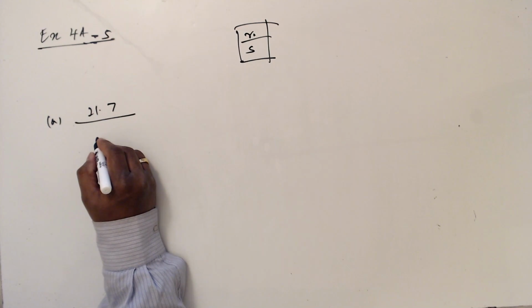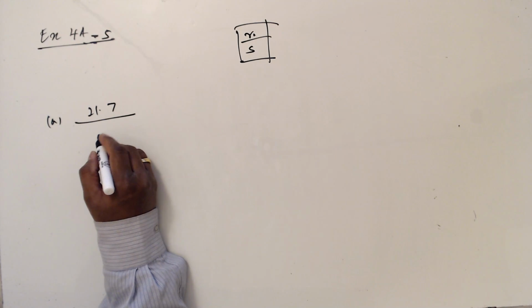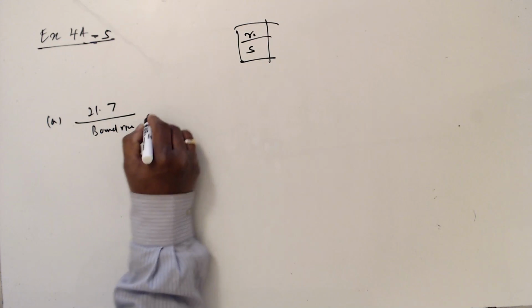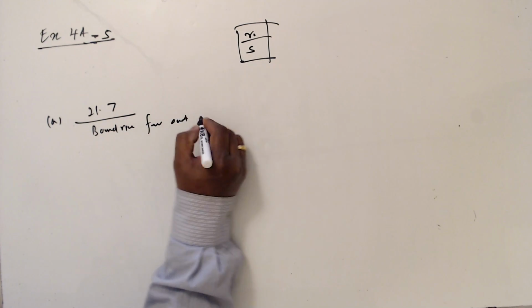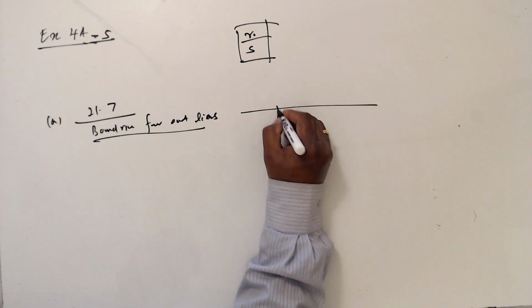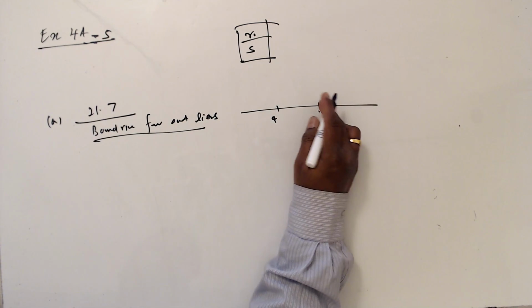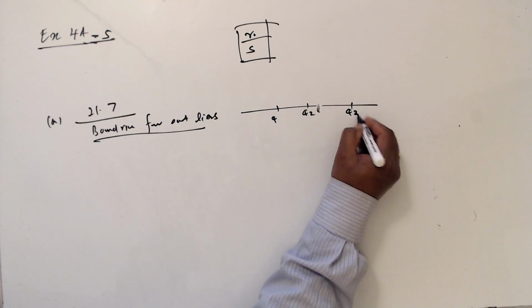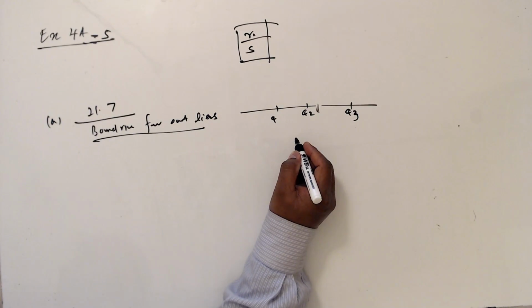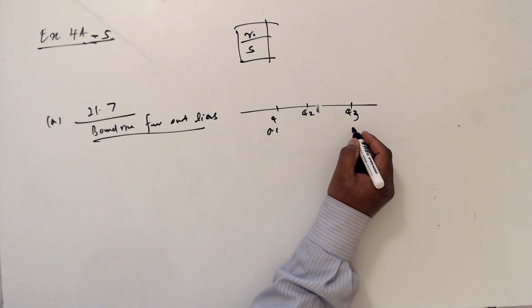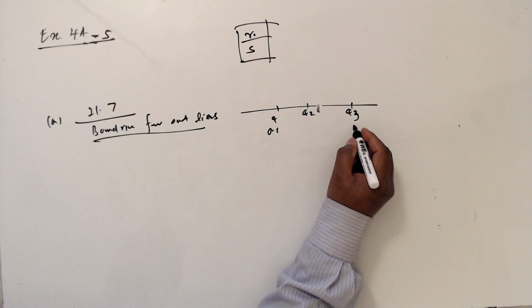So first of all, find the boundaries for the outliers. So basically Q1, Q2, Q3, and Q1 is given as 0.1 and Q3 is given as 4.85.